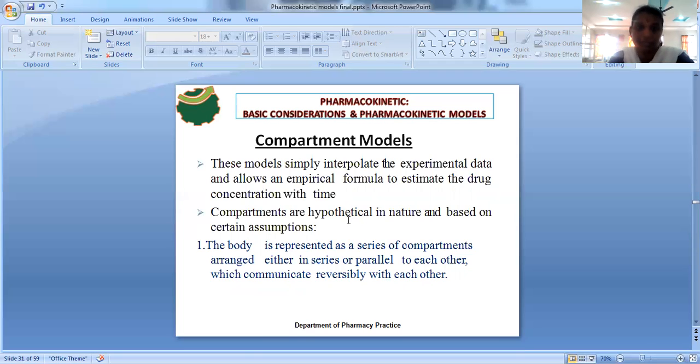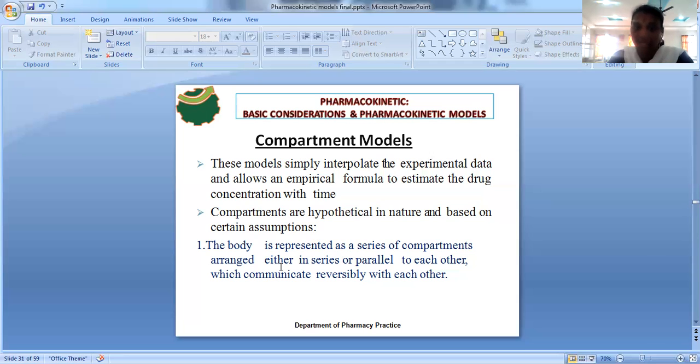The whole body is considered as composed of a number of compartments, which will be arranged either in series or in parallel.